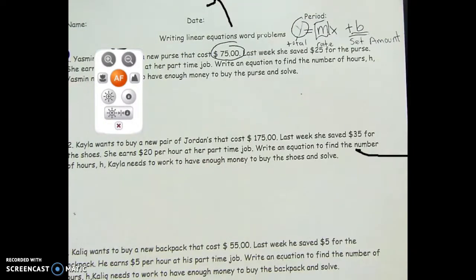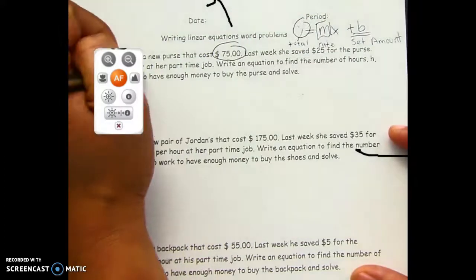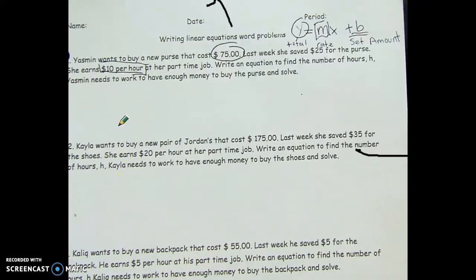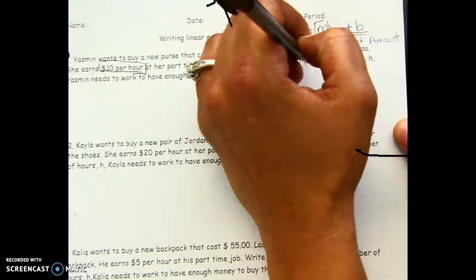I'm looking for keywords: per, an hour, monthly, weekly, by the minute, second, something that's happening over time. In this case, she is earning $10 per hour at her part-time job. That's her rate. I box my rate. The next thing I'm going to do is underline my set amount. The set amount she started with is she saved $25. I'm going to underline that.